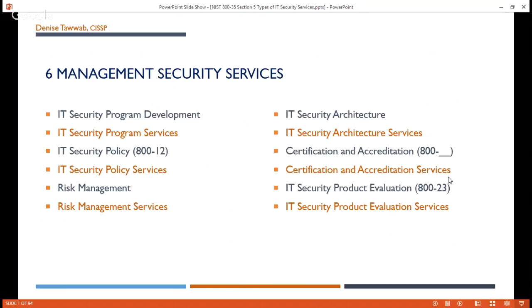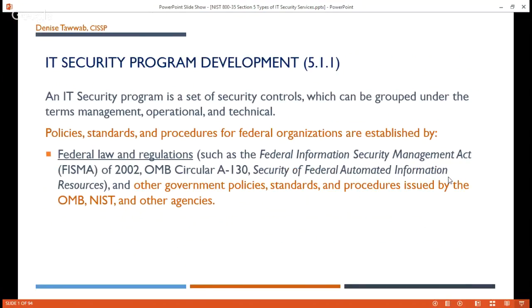Those are your 6 management security services. Again, that's program development, security policy development, risk management, security architecture, certification and accreditation, and your IT security product evaluations. You can do those in-house or you can outsource them.